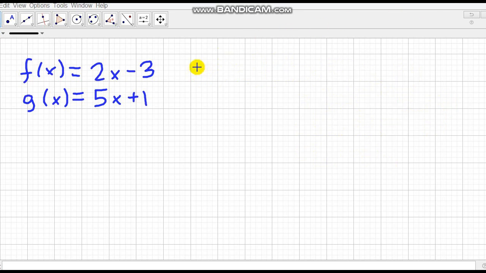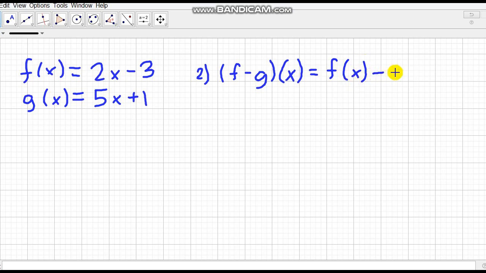Next, let's have subtraction. So for number 2, we have f minus g of x. And the way we define f minus g of x is f of x minus g of x.